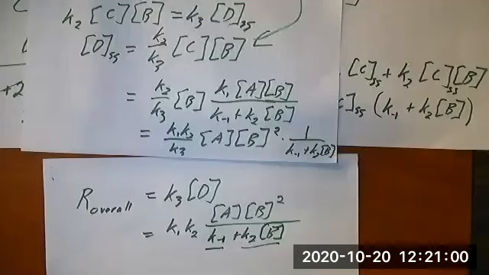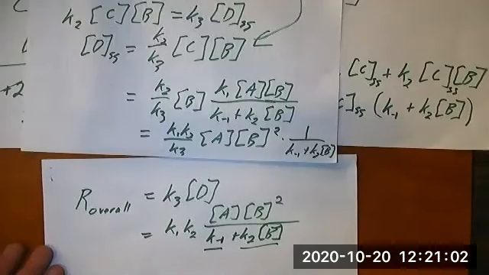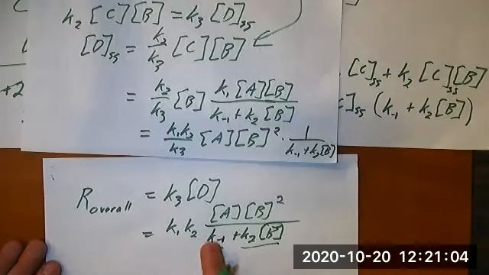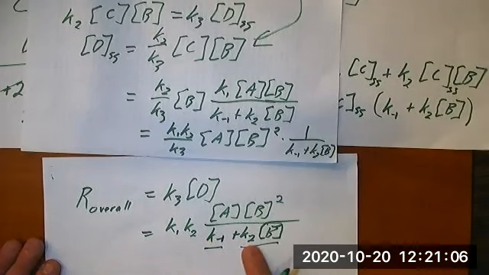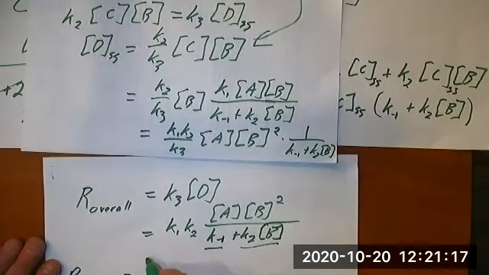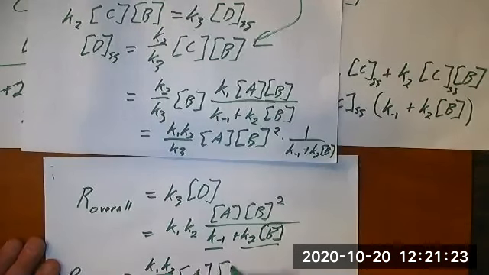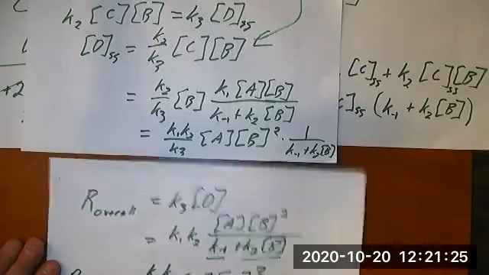Okay? So in the first case, where k_-1 is big and we can ignore k2 B, our case A, then we have k1 k2 over k_-1, concentration A, concentration B squared.